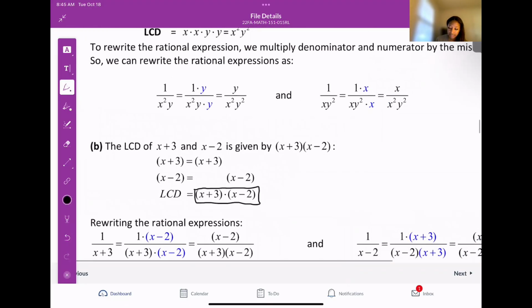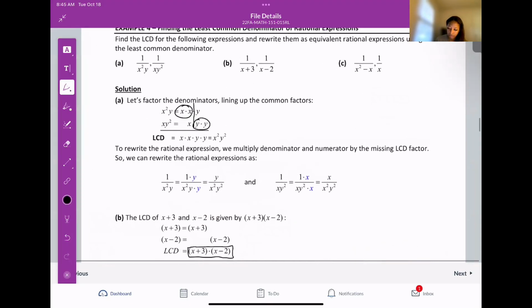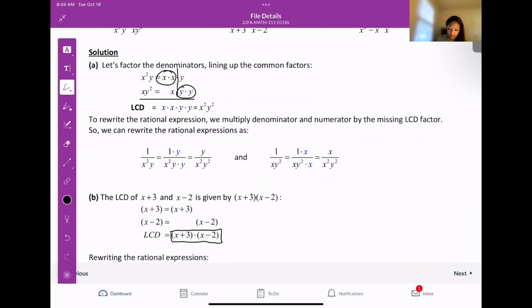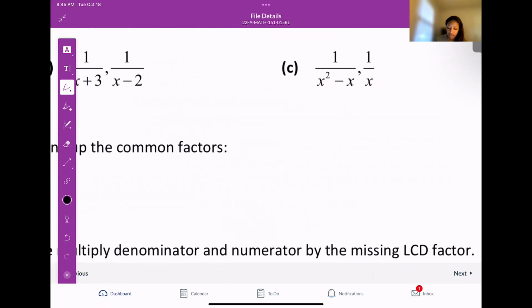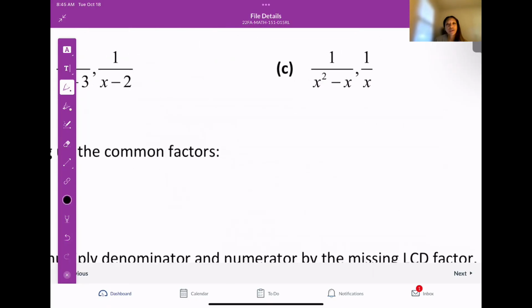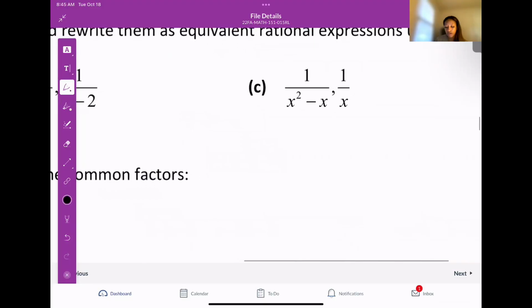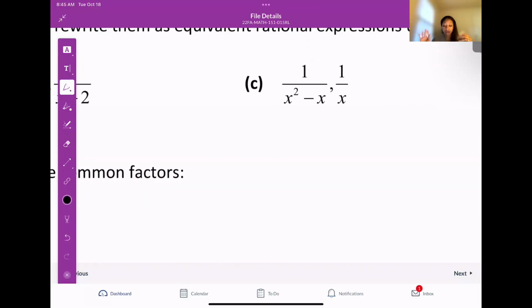And then for the last expression, where's the problem? Okay, we have 1 over x squared minus x and 1 over x. So let's compare these. We have x squared minus x and x.